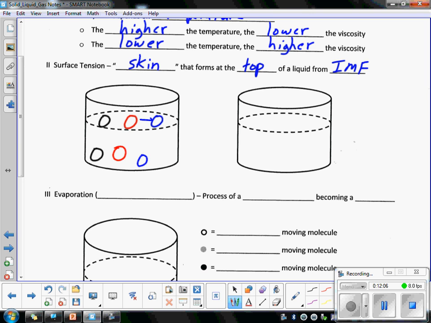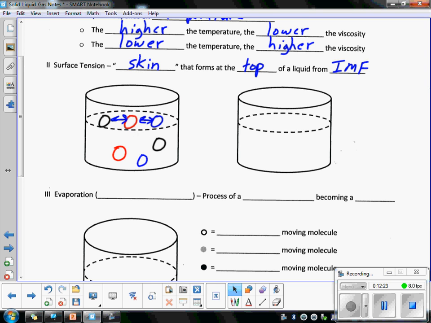And because there's an attraction between those particles, when this particle is bouncing around, it gets up to here and it can't go through because of the skin that forms at the top, right?